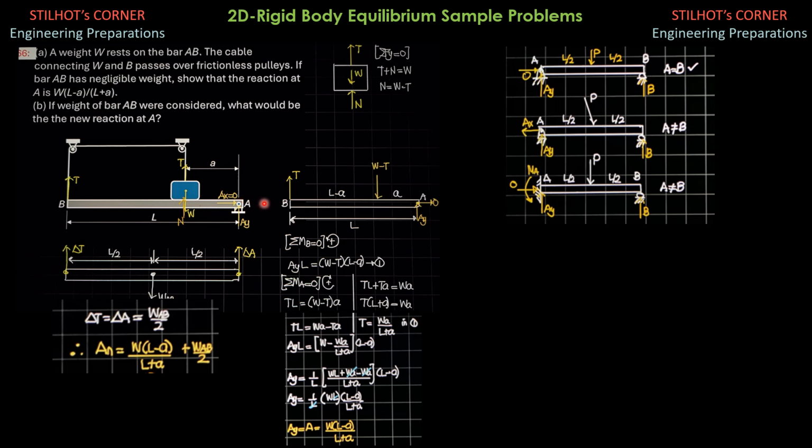So we assign the tension at B to be T. Tension anywhere in this cable is T because the pulleys are frictionless. So therefore, we have T here and we have W. The net value of T and W will be transmitted to the contact point between this weight and this bar here.